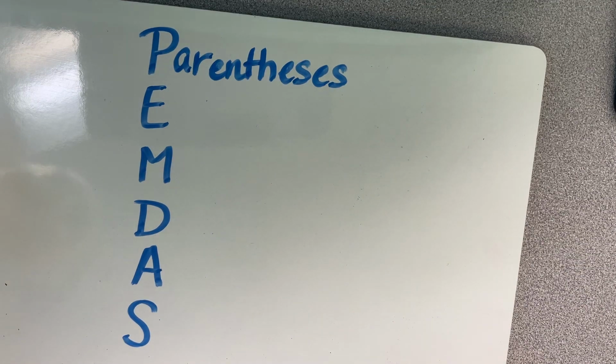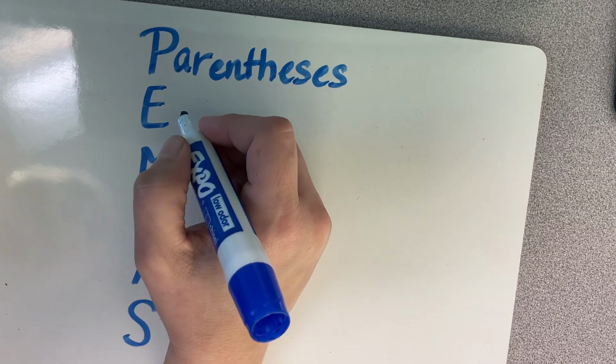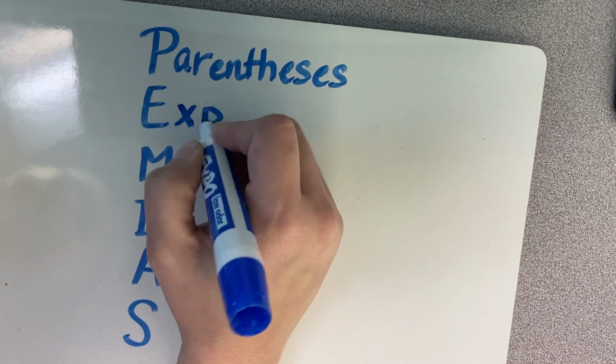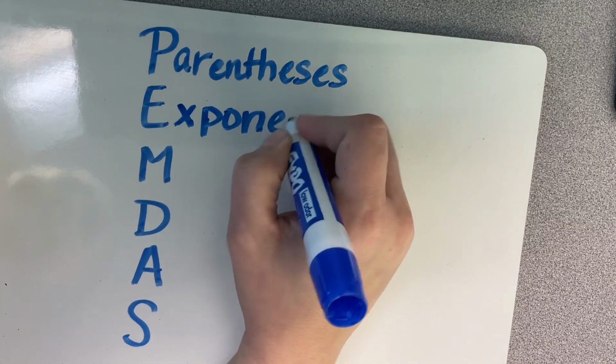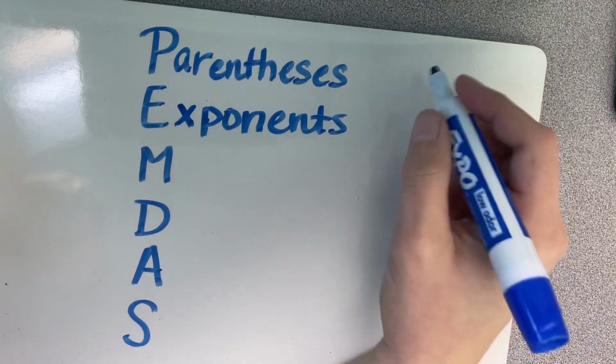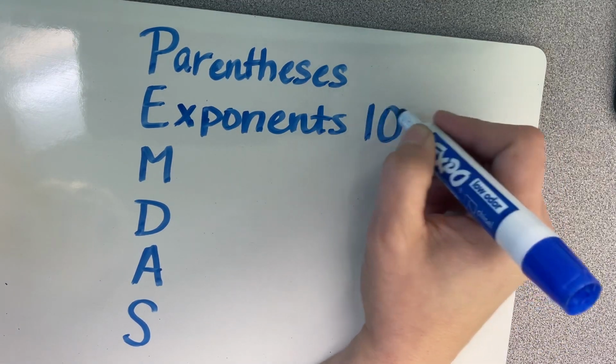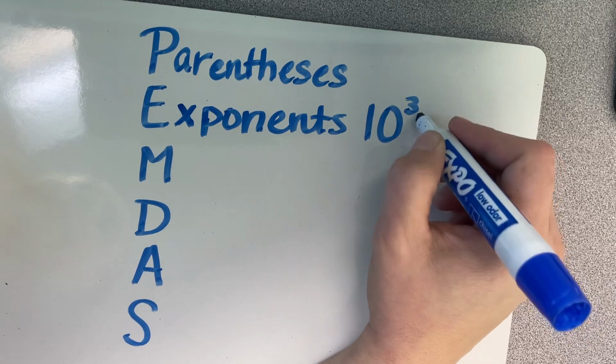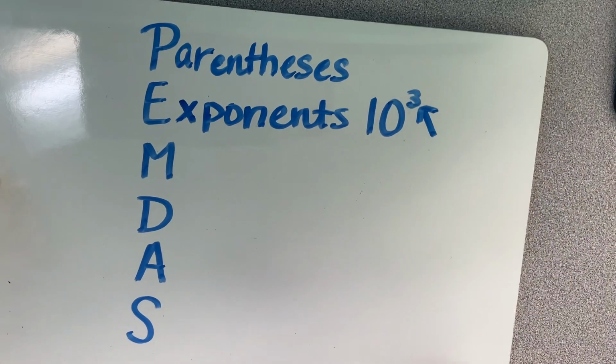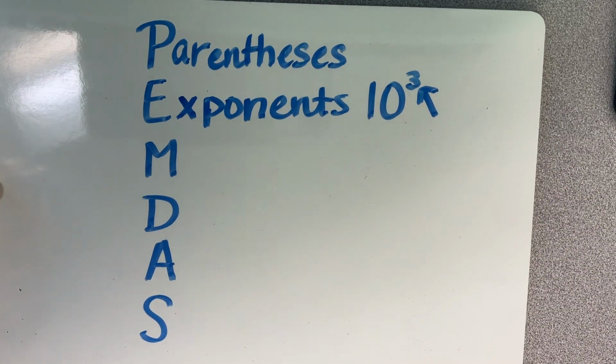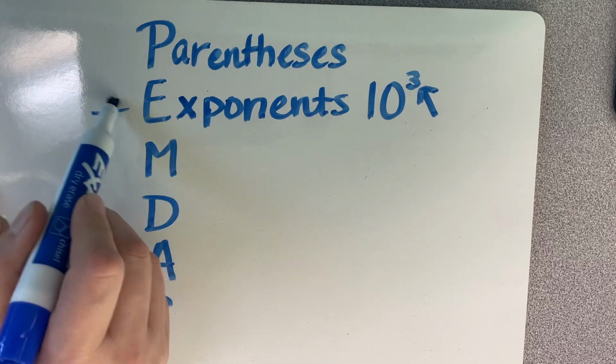Then the next one is exponents. We've talked about exponents. Remember, exponents are these little bitty guys. We say 10 to the third power, and that would mean we do 10 times 10 times 10. Our paper doesn't do exponents today, but I do want you to remember that exponents is the second step.